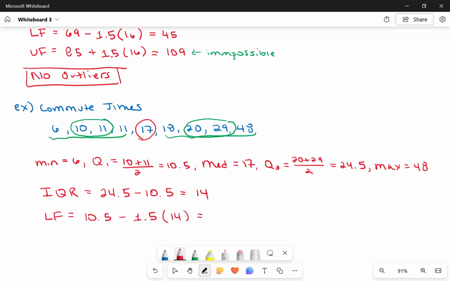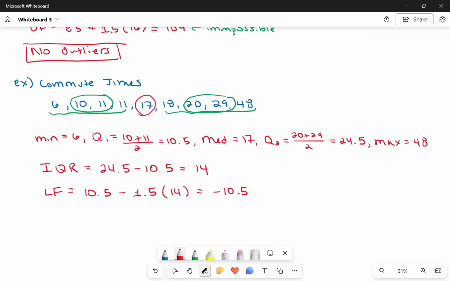All right. Grab a calculator. Do some calculating. I come up with negative 10.5. Check that one more time. Yep. Which basically means it's impossible to have a lower outlier. It's just impossible. Okay, for these commute times, it's just not going to happen.